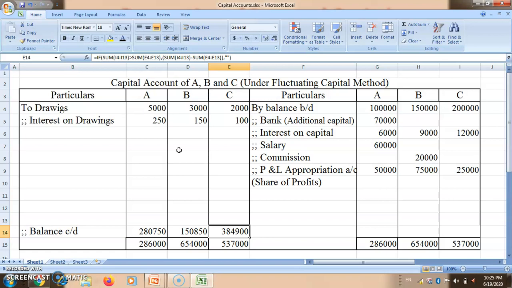If the amount on the debit side is more, it will have a debit balance. Suppose instead of profit we are getting a loss, we have to write that on the debit side as to profit and loss appropriation account. So if there is a huge loss, we may get a debit balance. So that is the speciality of the preparation of the capital account under the fluctuating capital method.